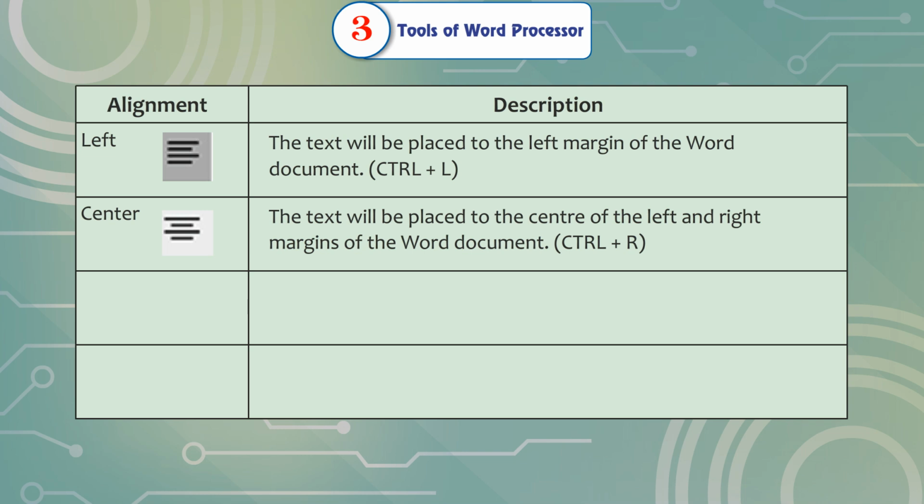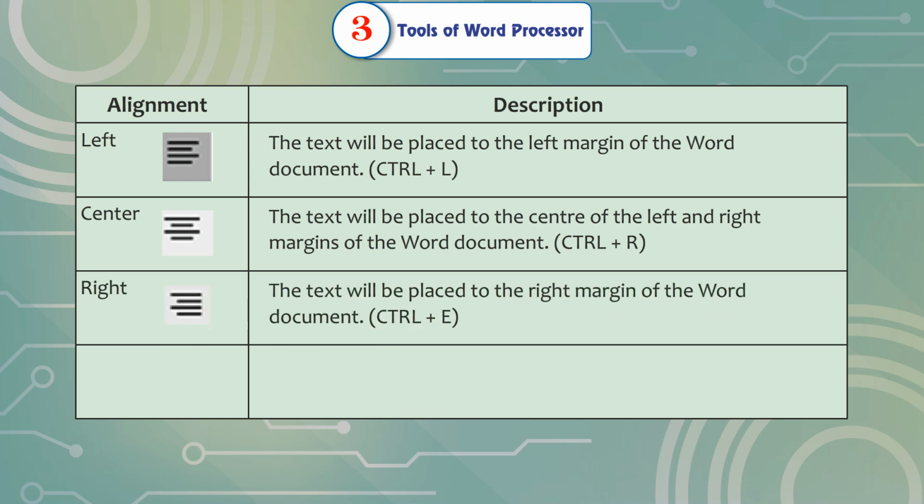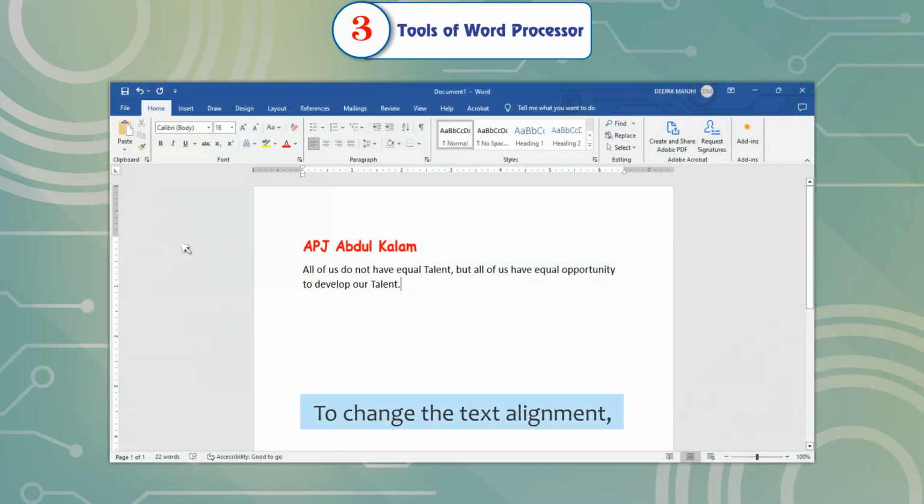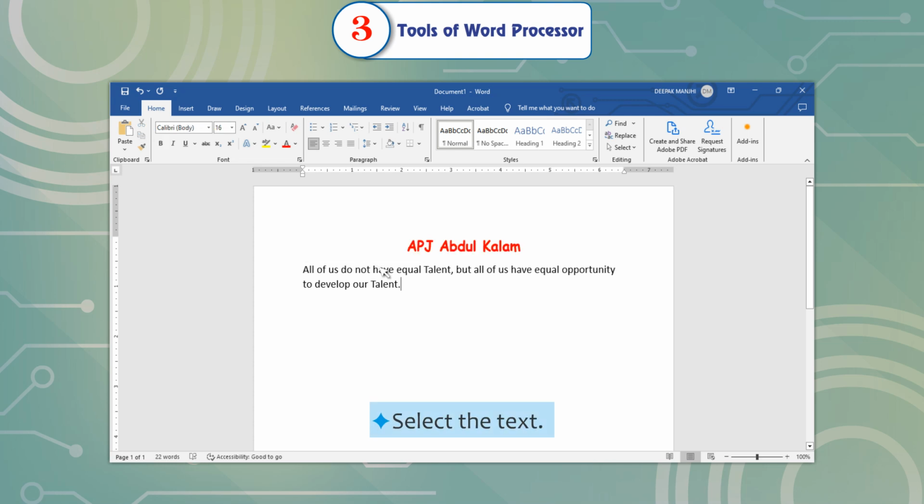Center: the text will be placed to the center of the left and right margins, Ctrl+E. Right: the text will be placed to the right margin, Ctrl+R. Justify: the text will be placed evenly to the left and right margin, Ctrl+J. To change the text alignment, select the text.